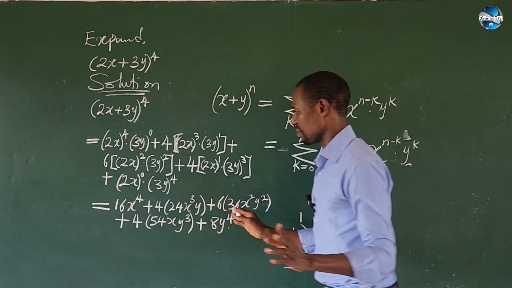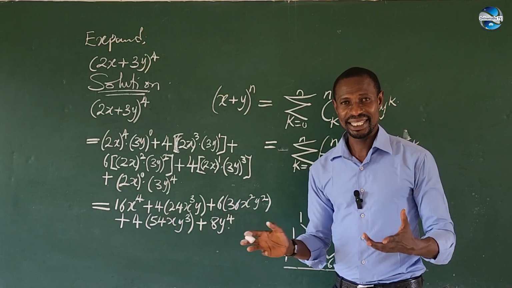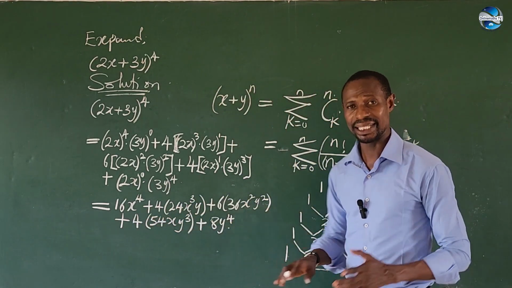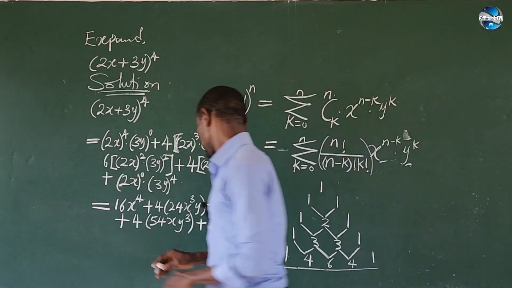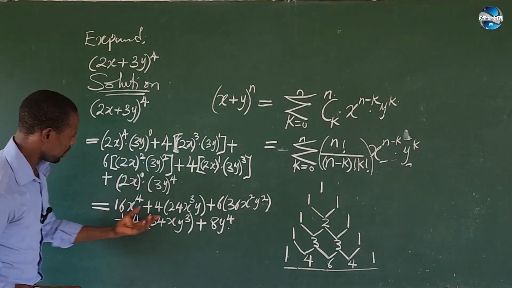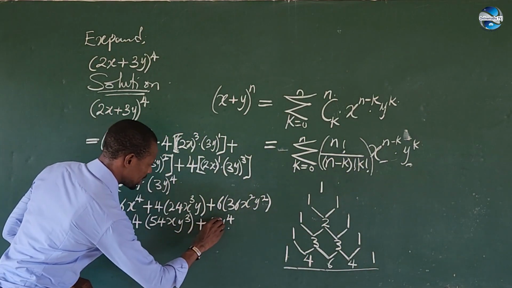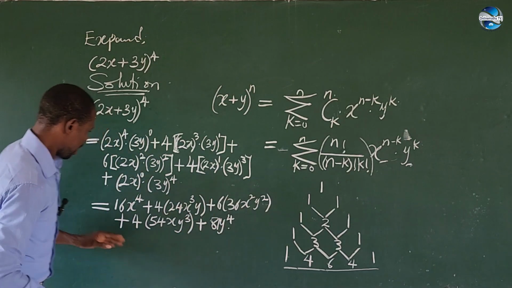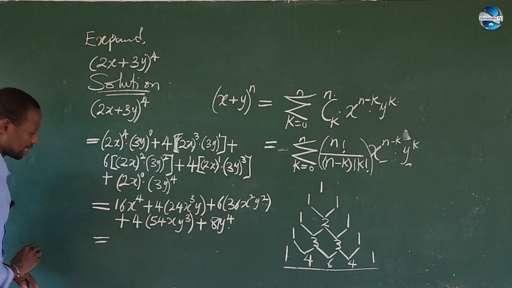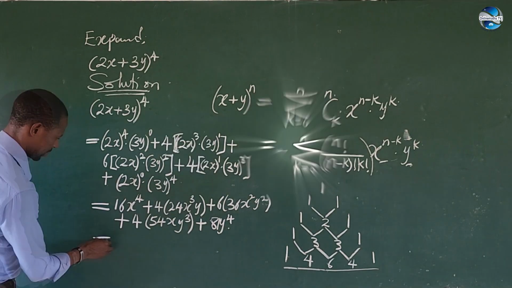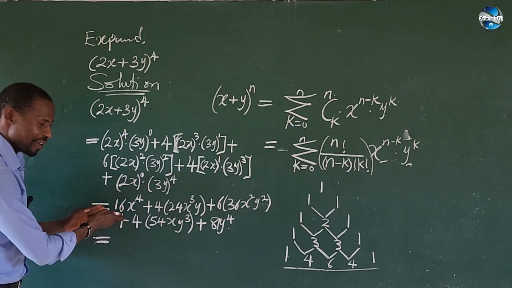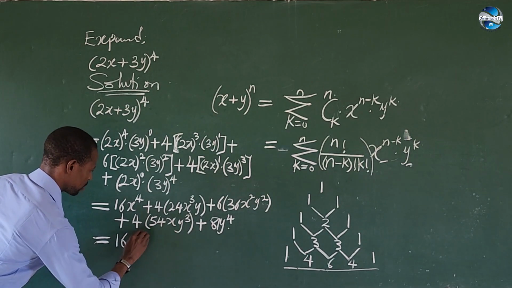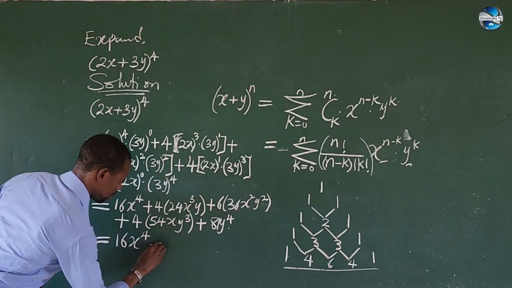Good. So from here, it is easy now. We can now use our coefficient to open up this bracket and get our final answer. Oh, sorry. Yes, 81. So let's get our final answer from here now. The first term here, we just keep, to give us 16x to the power of 4, plus.